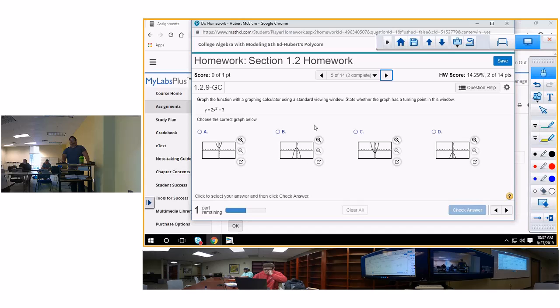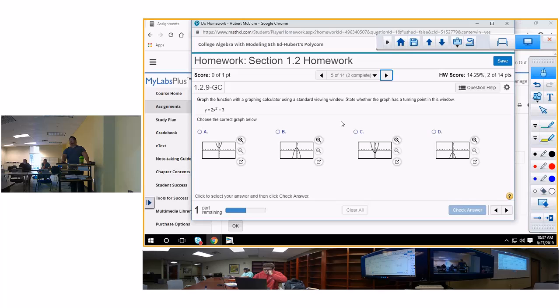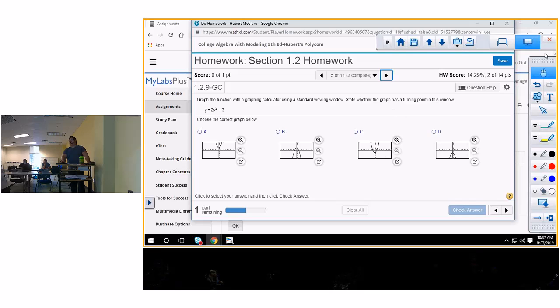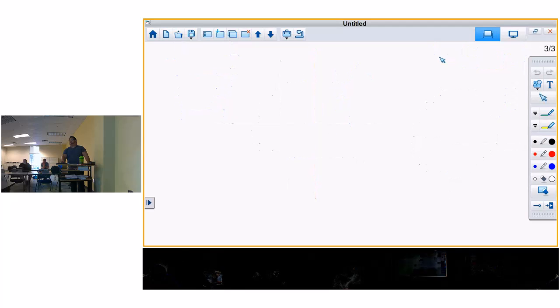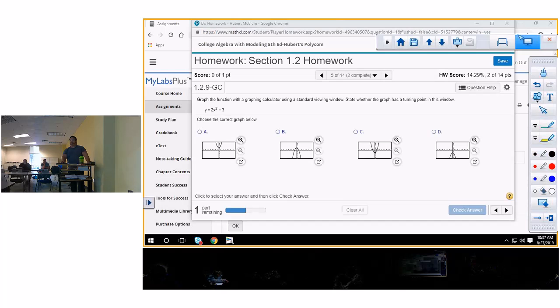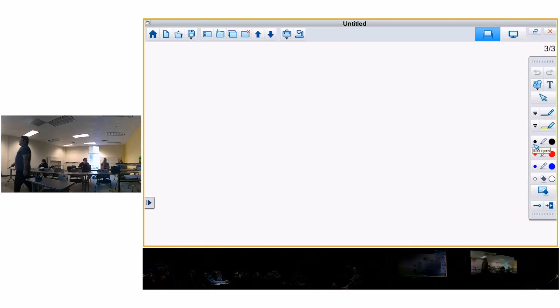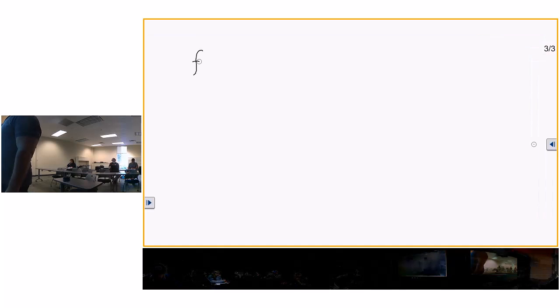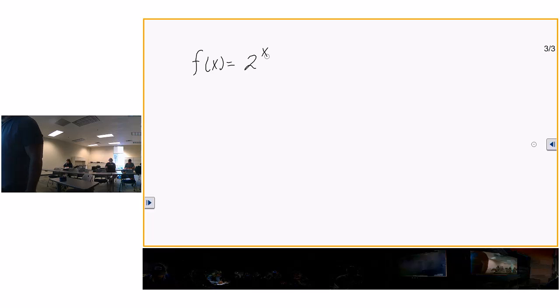All right, let's do this one without a calculator. Now we're going to see how well you know your algebra. F of x is equal to 2x squared minus 3. So, tell me what this function looks like without using your calculator.